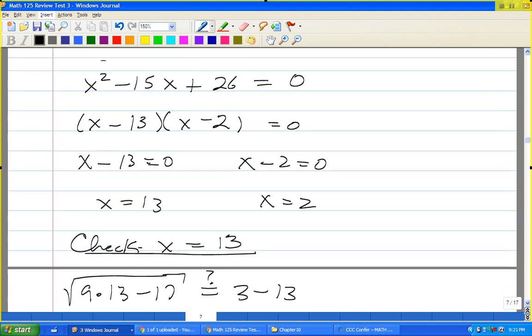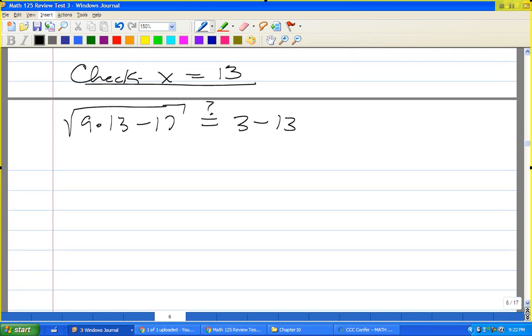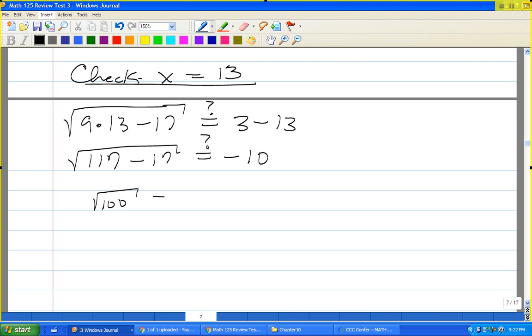Okay, so let's do that. 9 times 13, 117 minus 17, is that equal to 3 minus 13 is a negative 10. 117 minus 17 is 100.